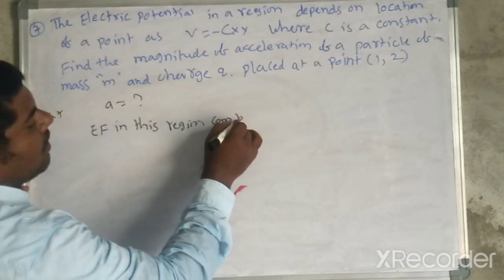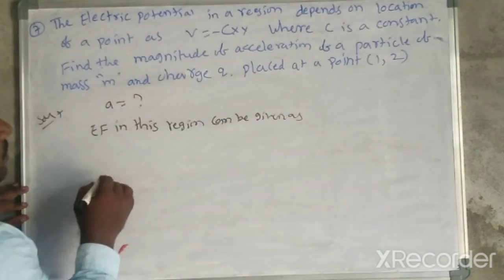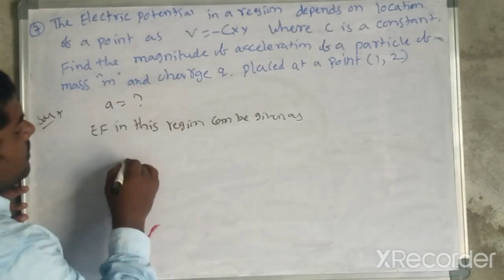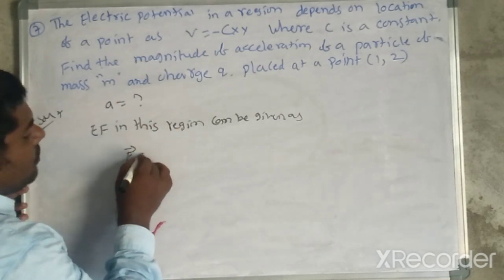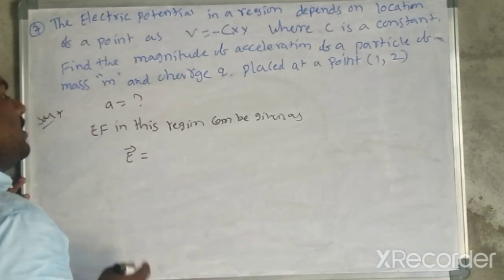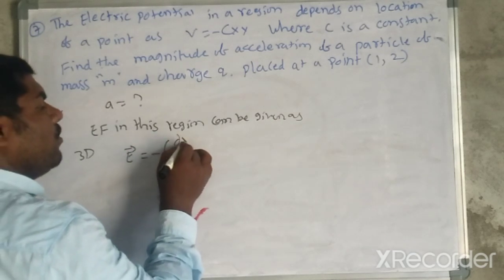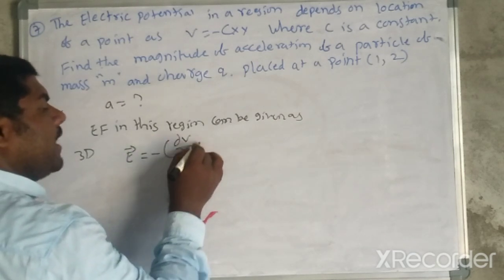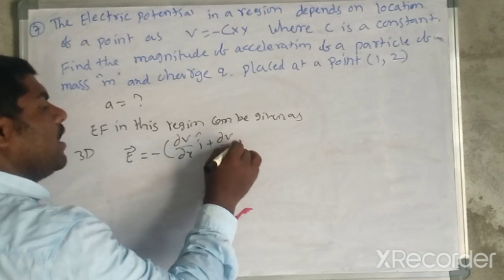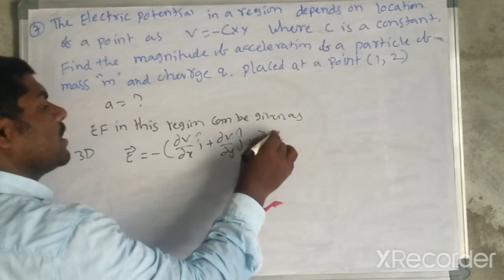The electric field can be given as E bar. In three dimensions we already know E bar is equal to minus dV by dx i cap plus dV by dy j cap plus dV by dz k cap.